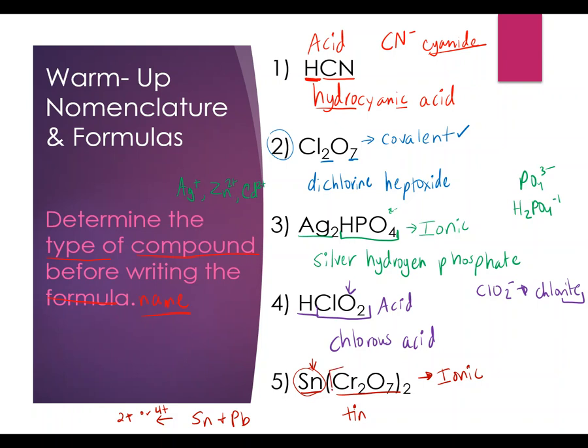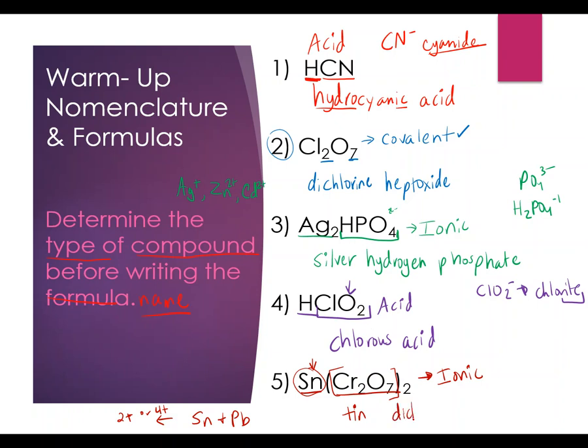Well, let's look up this one. This is obviously a polyatomic. What's Cr2O7? Look that one up on your polyatomic chart. What's the name of that? It is dichromate. Good.